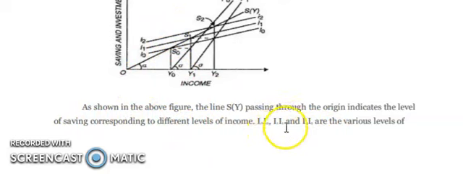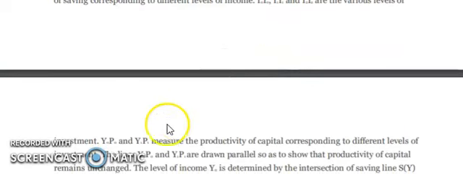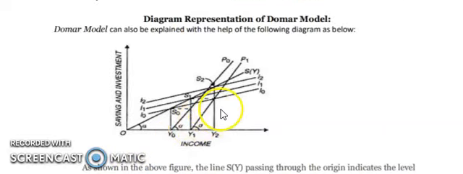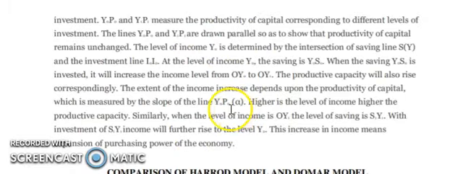I0, I1, I2 are the various levels of investment. Y0P0 and Y1P1 measure the productivity of capital, corresponding to the different levels of investment. The lines Y0P0 and Y1P1 are drawn parallel so as to show that productivity of capital remains unchanged.